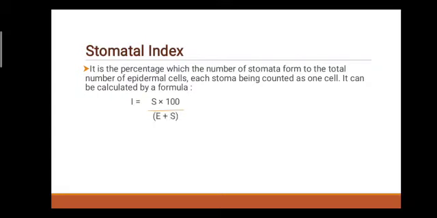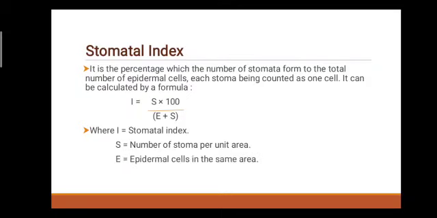I is equal to S into 100 divided by (E plus S), where I is equal to stomatal index, S is equal to number of stomata per unit area, E is equal to epidermal cells in the same area.